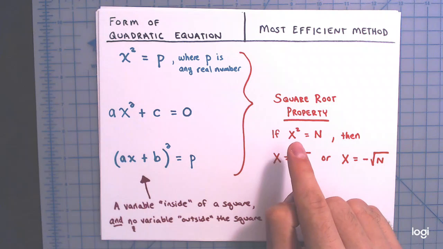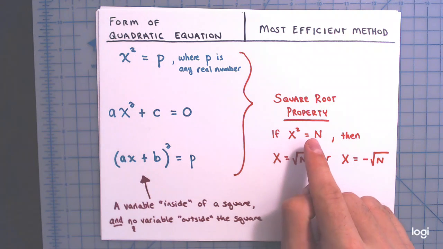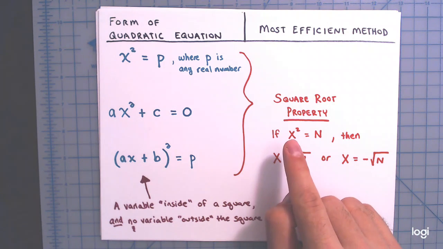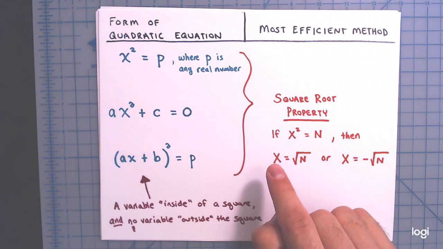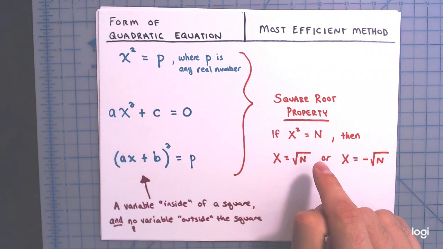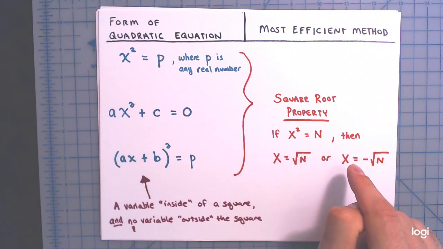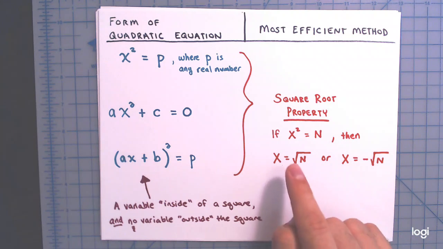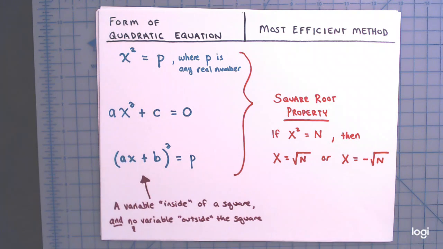You get the equation into this form where you have the square alone, you isolate the square, and some real number, which I'm representing by n here, on the other side. Then the value of this base, the x, is either the principal square root of n, the positive square root of n, or the negative square root of n, and this would be a true statement. And then you would solve these equations separately, and then of course check your solutions.